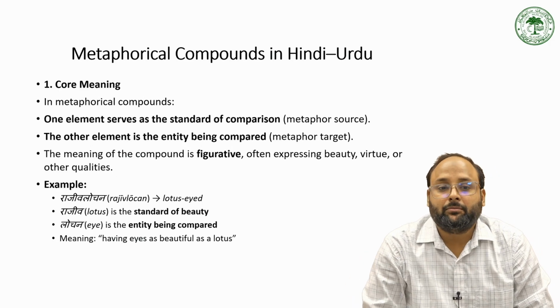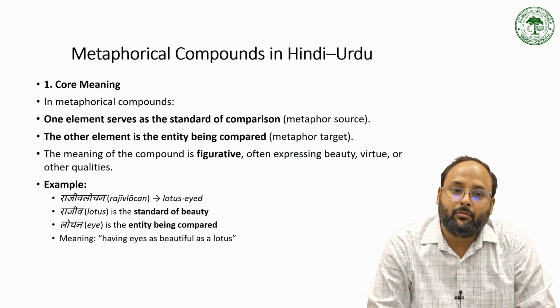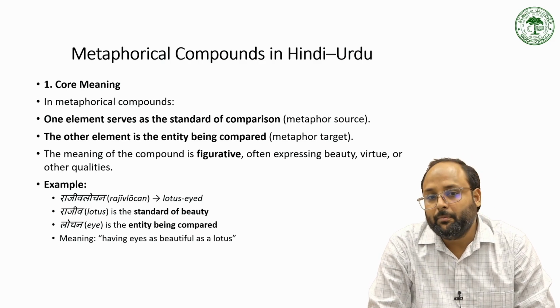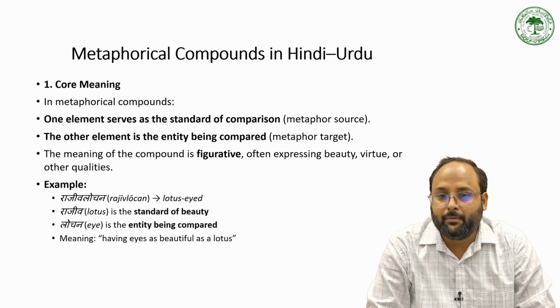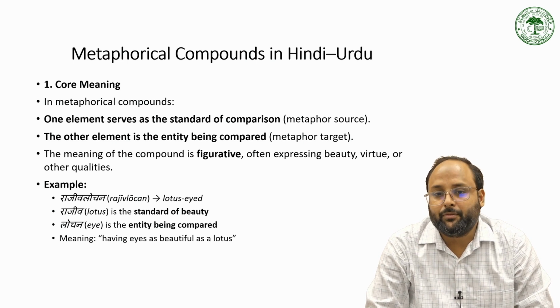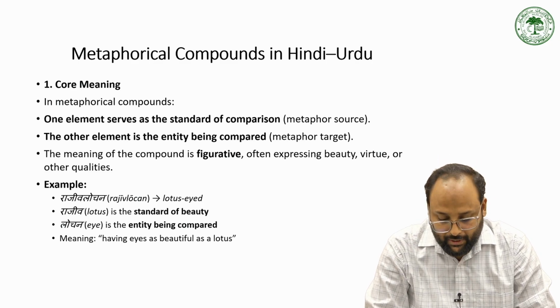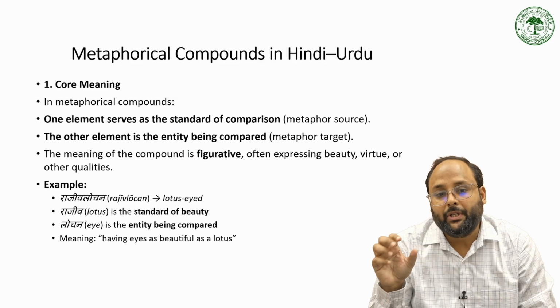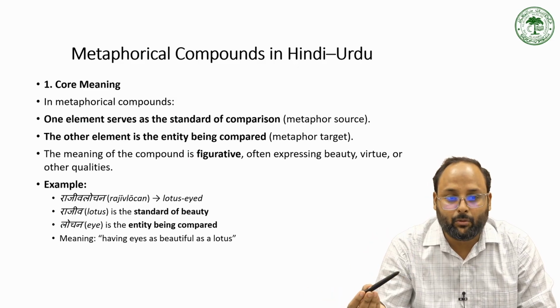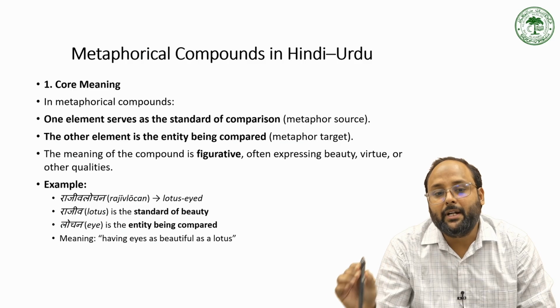In metaphor, we have one element serving as the standard of comparison, and the other element is the entity being compared, means the metaphor source or the metaphor target. So the meaning of the compound is figurative, often expressing beauty, virtue, or other quality. We have Rajiv Lochan. The first one is Rajiv, which means lotus, and it describes the standard of beauty.